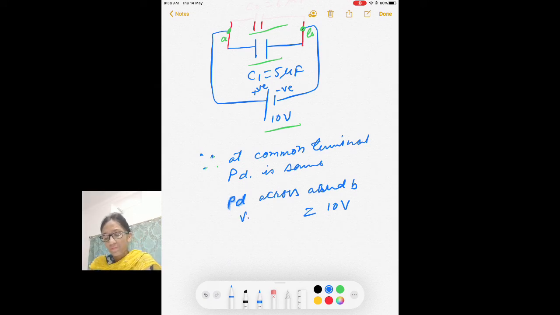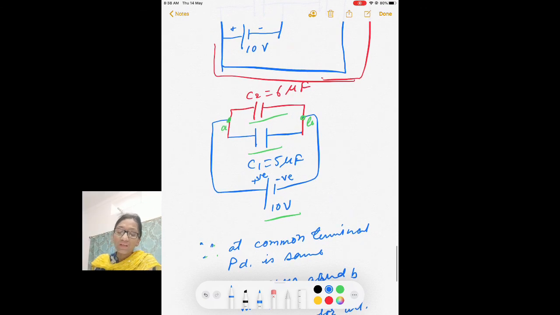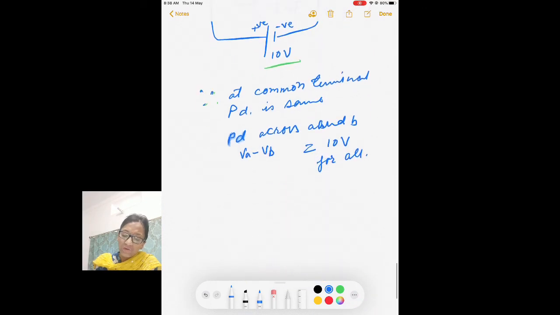Means VA minus VB is equal to 10 volt for all. Now you have to find the charge in the case of C2 and the case of C1.